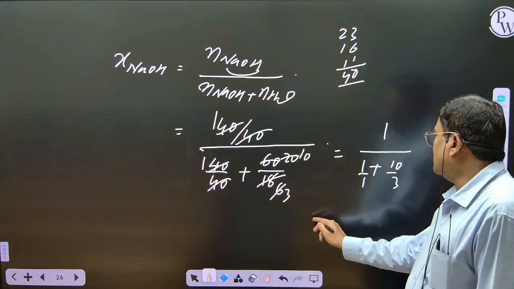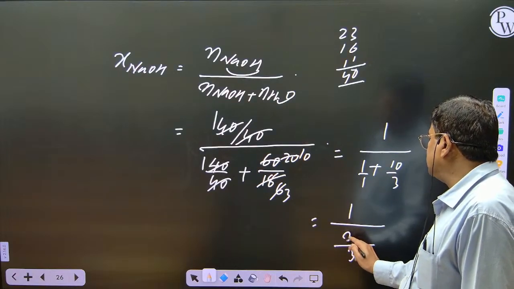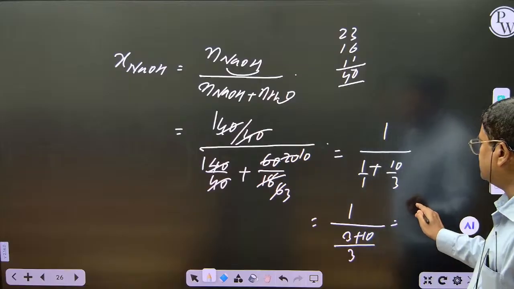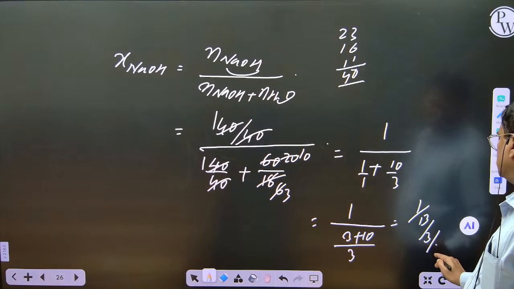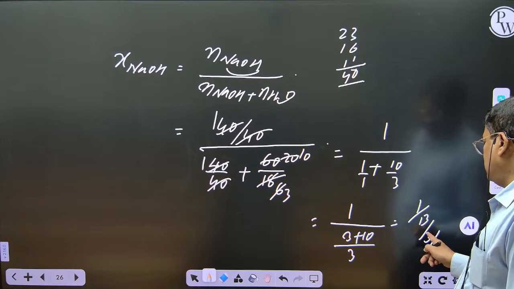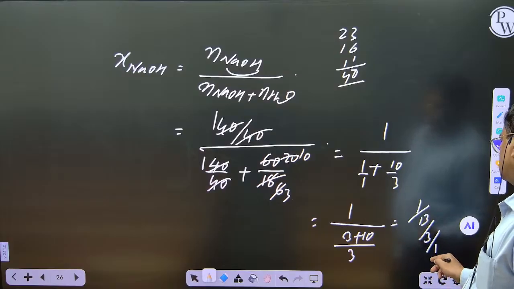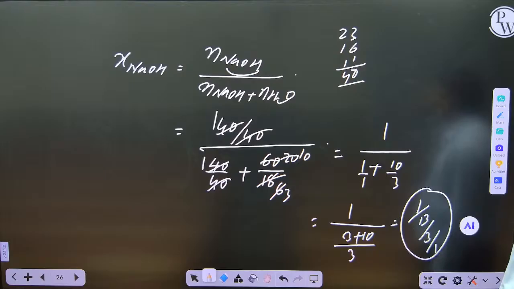So that comes to how much, student? 1 by, the LCM will be 3, so 3 plus 10 over 3. That comes to 1 by 13 by 3, or I can write this as 1 upon 13 by 3. Simplify, and this will be the final answer.